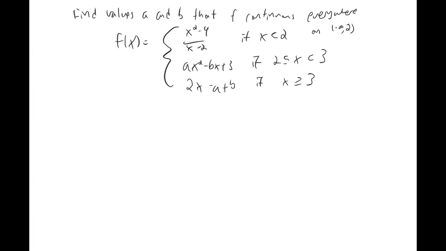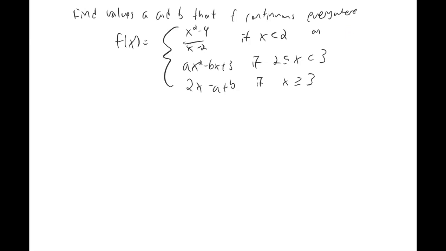It should be, right? So here the only issue is at 2, at our boundary term. Outside the boundary, this rational function has no issue, right? And clearly, no matter what a and b are, it's going to be a polynomial, so it's going to be continuous everywhere. So we only need to check at jumps, right?